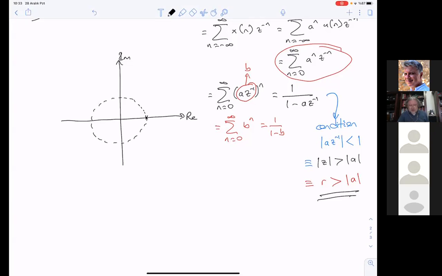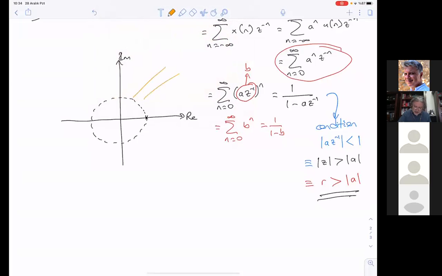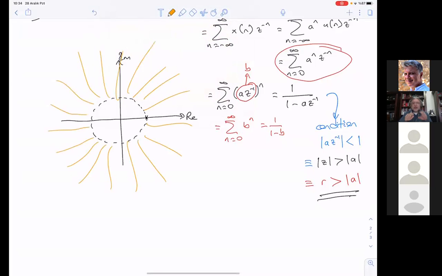And the region of convergence is telling me that the radius is greater than this value, the absolute value of A, which means the region of convergence is the outside of this circle. Any circle with a radius larger than the absolute value of A.